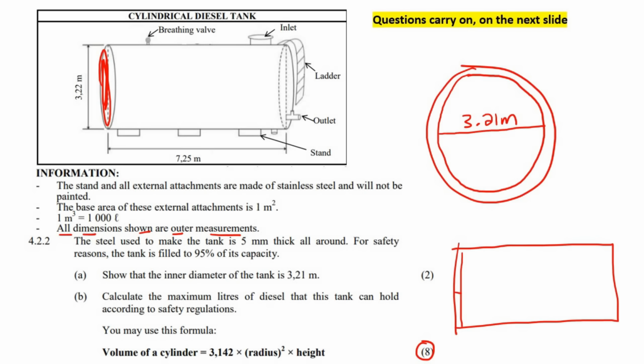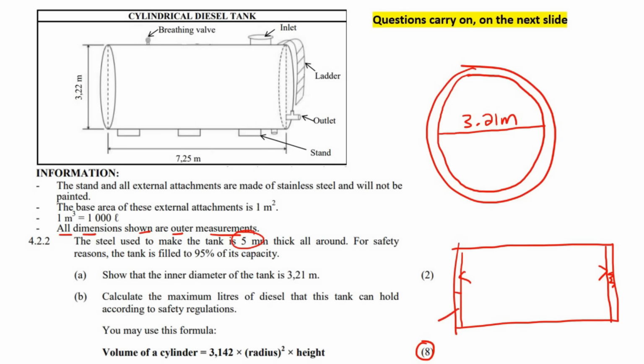And that thickness is going to be 5 millimeters, because they said the steel used to make the tank is 5 millimeters thick, and it's also going to be 5 millimeters over here. So we can't use 7.25, we're going to have to use this distance, which we haven't worked out yet, okay? So I hope that makes sense. You can't use these numbers because those are for the outside, but the liquid, the diesel, doesn't go all the way to the outside, okay?